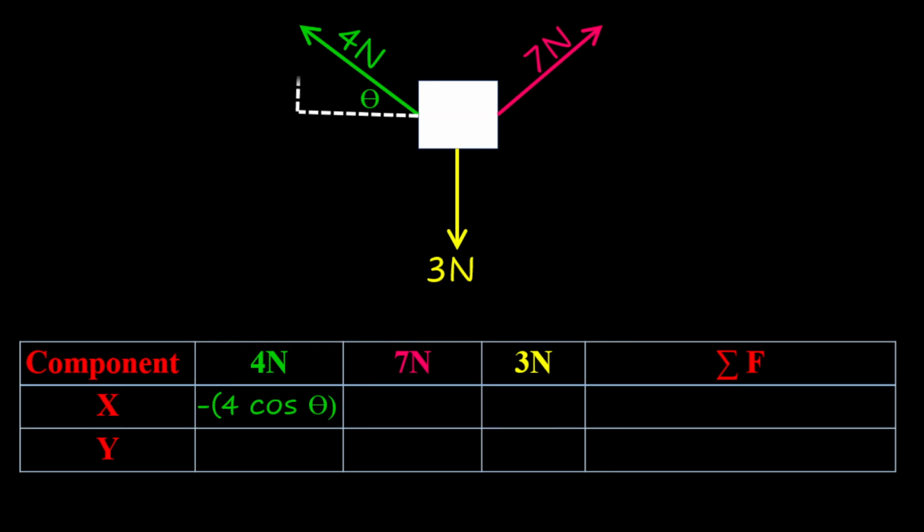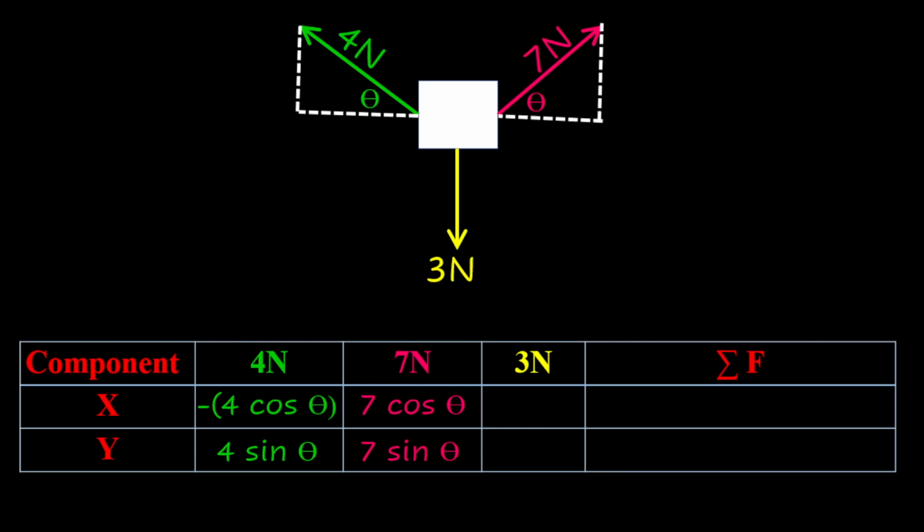For the Y component acting upwards, it must be given as 4 sine theta. For the 7 Newton, the X component at an angle is expressed as 7 cos theta, and it is a positive value because it is going towards the right. For the Y component acting upwards, it must be expressed as 7 sine theta.